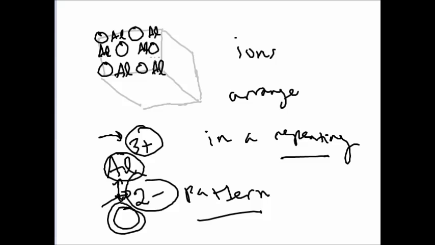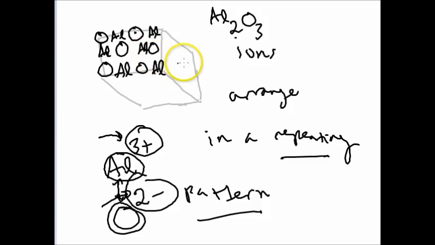See, here I've shown an alternating pattern of O, Al, O, Al, O, Al. Now, of course, you know that for every 2 Al, there will be 3 O. So the pattern is not so simple for Al2O3. For Al2O3, the pattern is a little more complicated and in 3D.